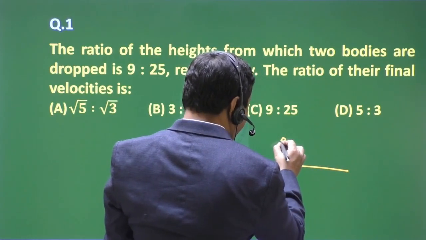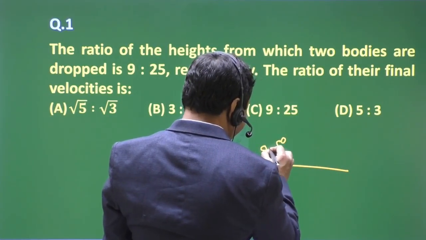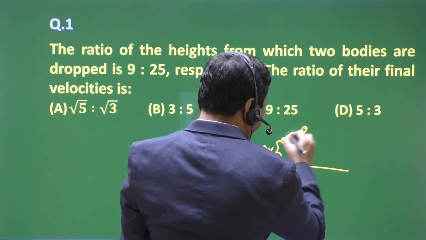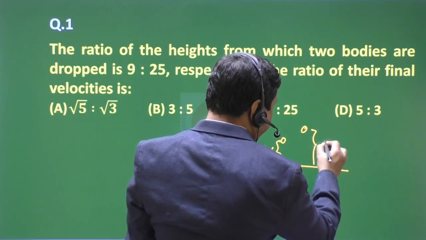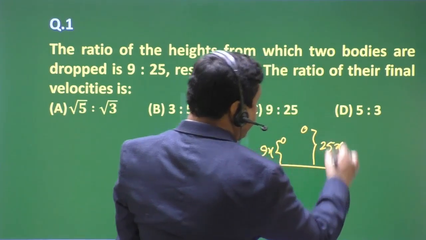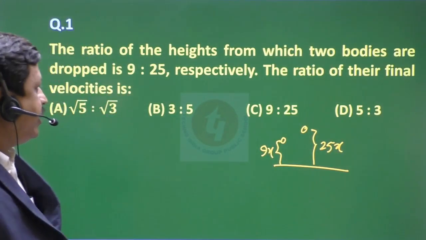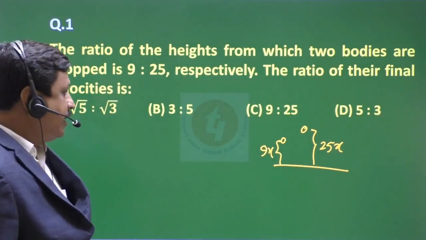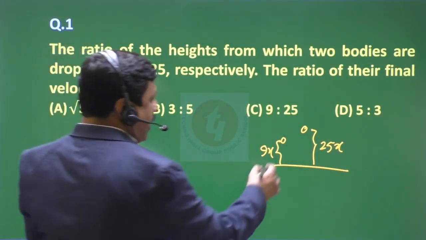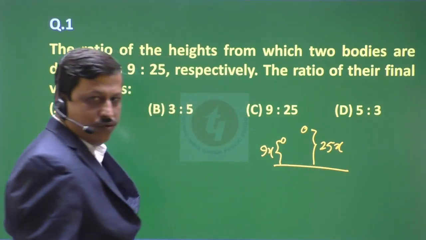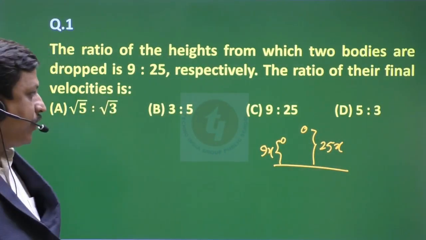You have to find the ratio of their final velocities. That means when the particles reach the ground, you have to find the velocity.